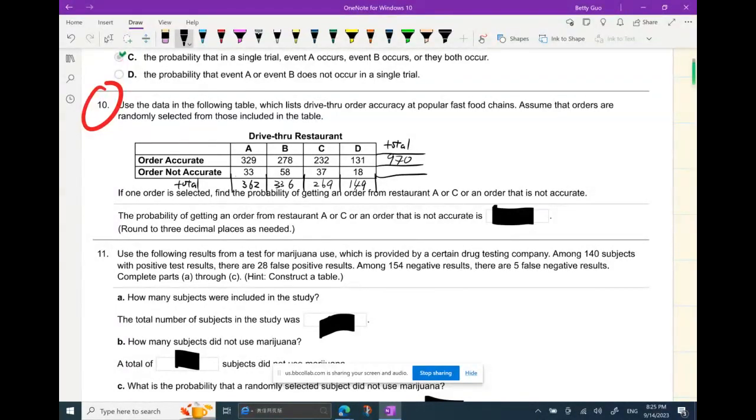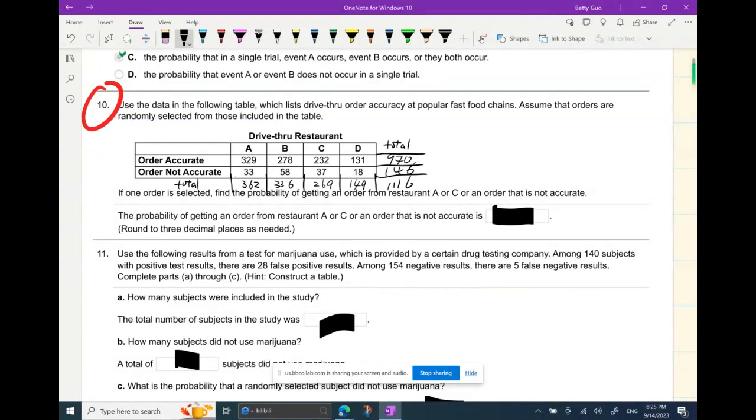Now I'm going to do the second row. 33 plus 58 plus 37 plus 18, 146. If I add them up, I have 1116.